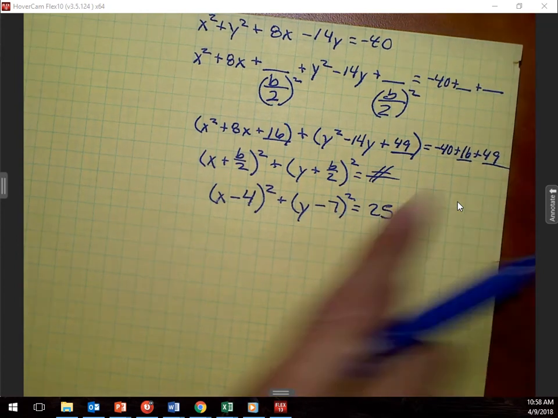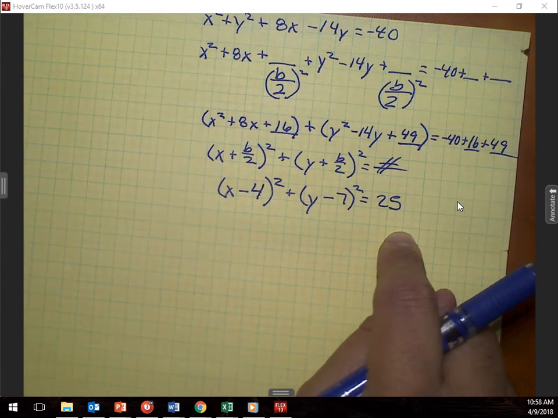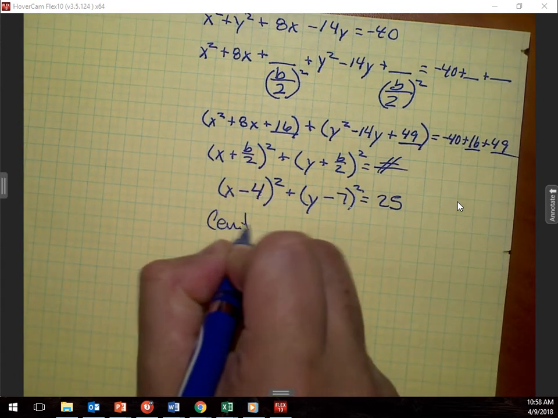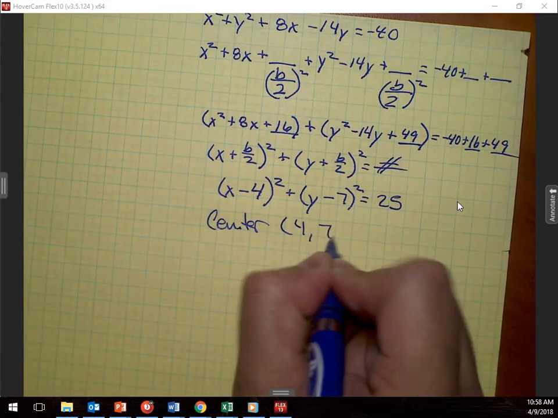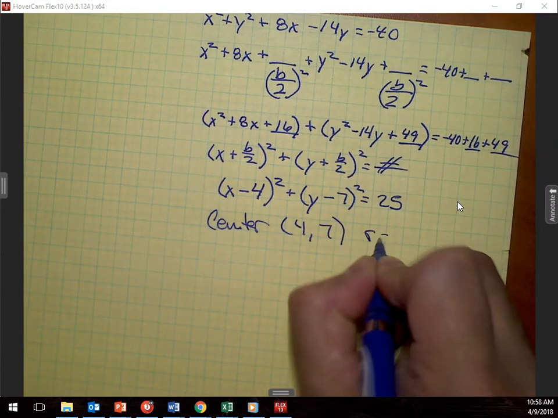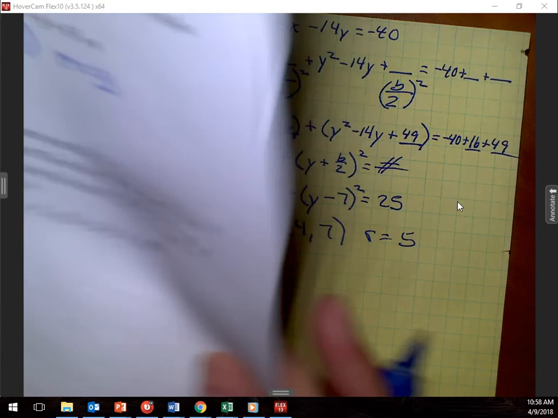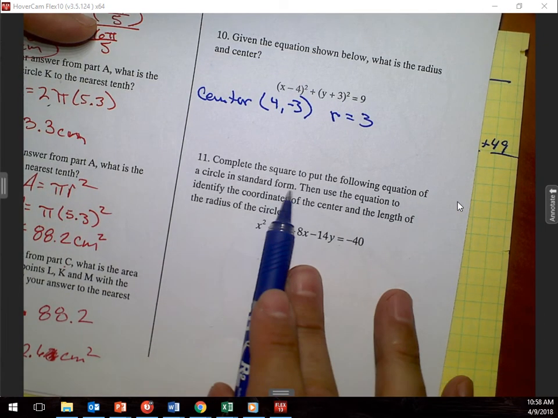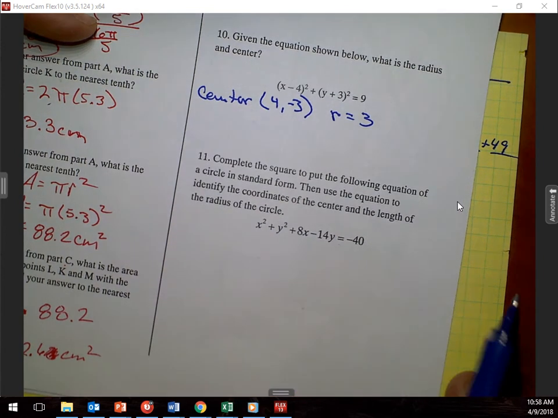Okay? So this is the equation right here. Now, where is the center? It is positive 4 and positive 7. My radius is? 5. Very good. So, let's take a look. It asks to complete the square, put the following equation of a circle in standard form, then use the equation to identify the coordinates of the center and length of the radius of the circle.